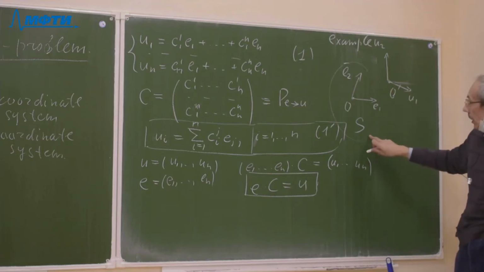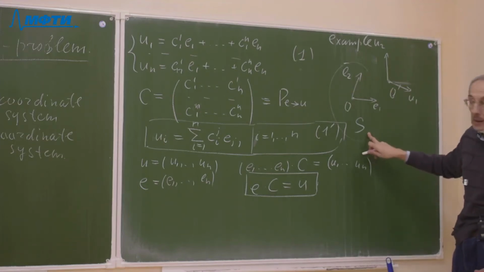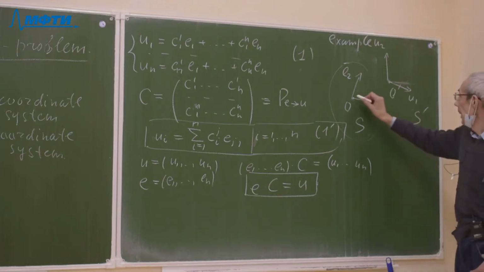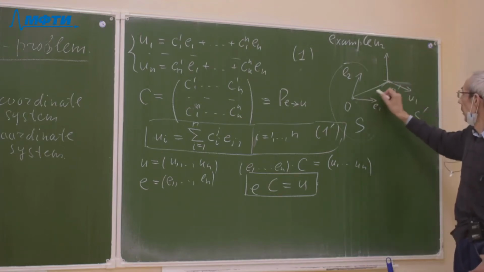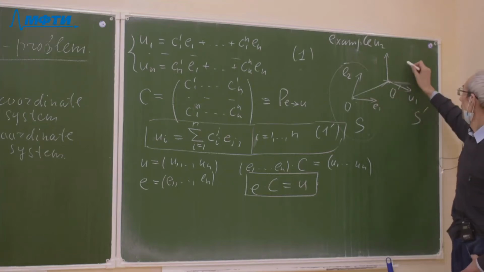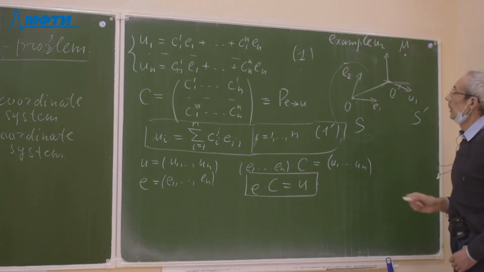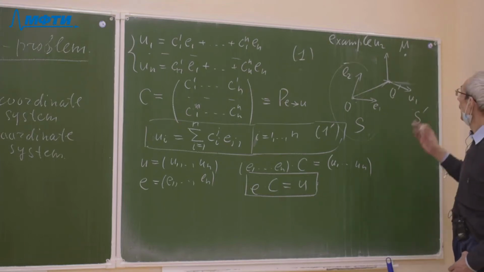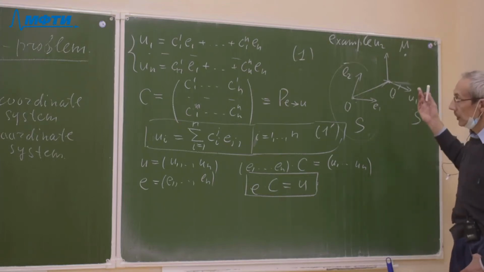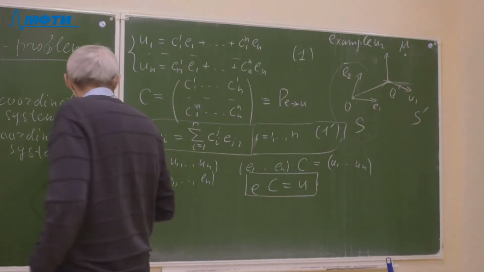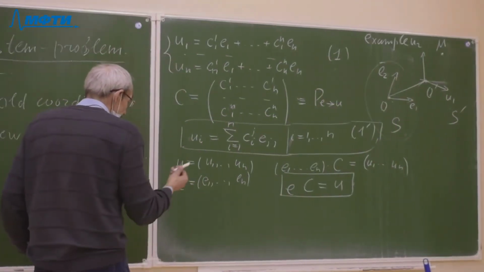We have the old coordinate system S and the new coordinate system S prime with origin O prime, and let M be an arbitrary point in the plane.